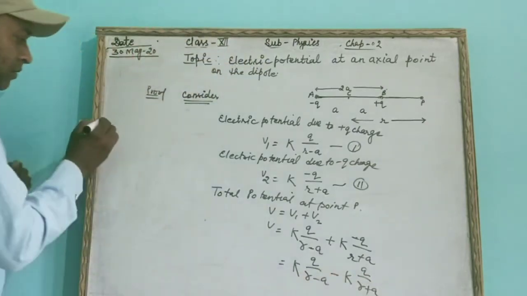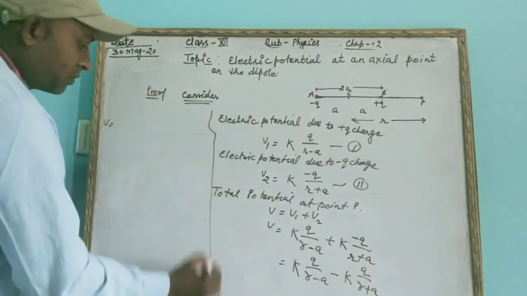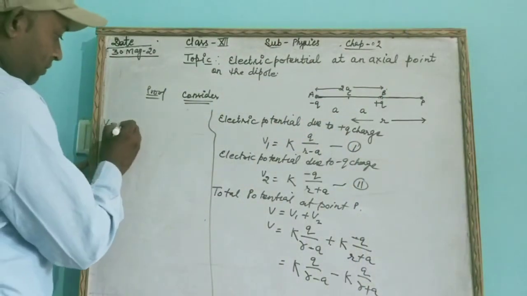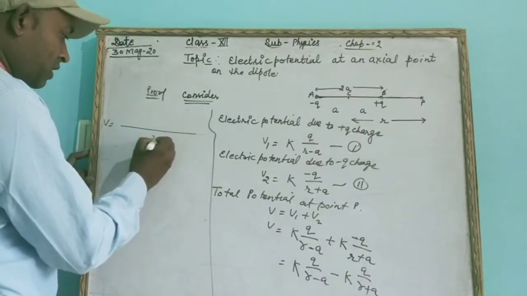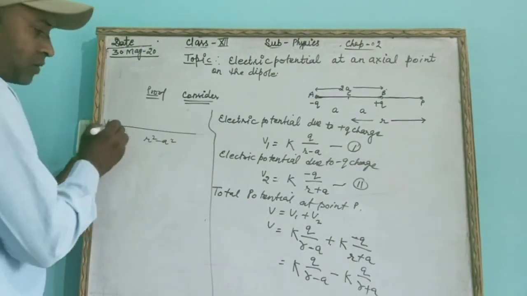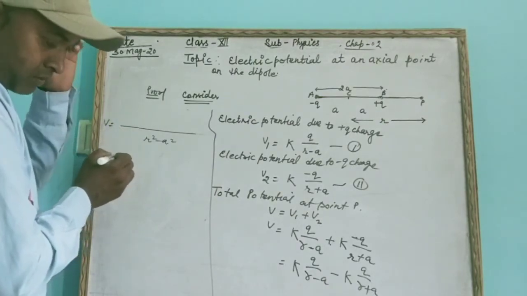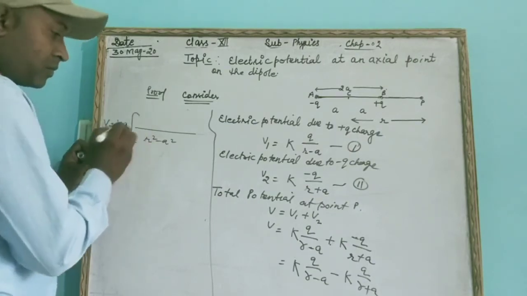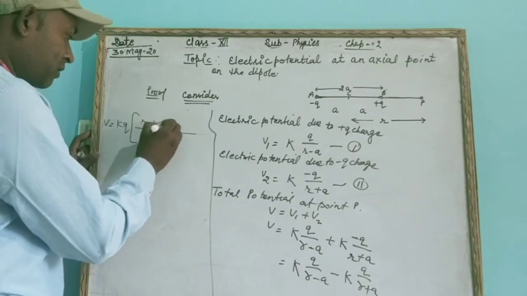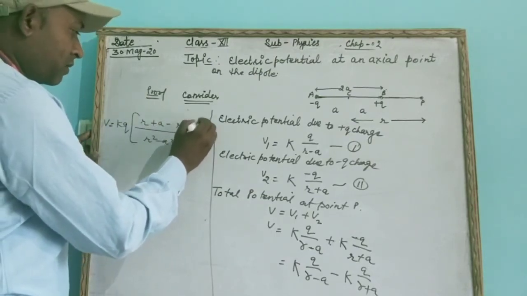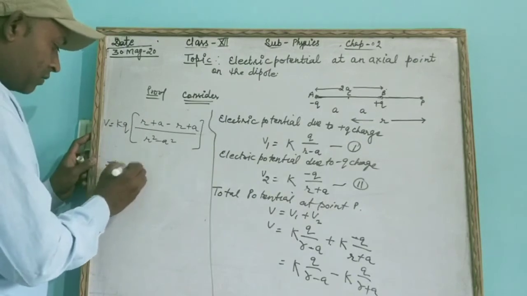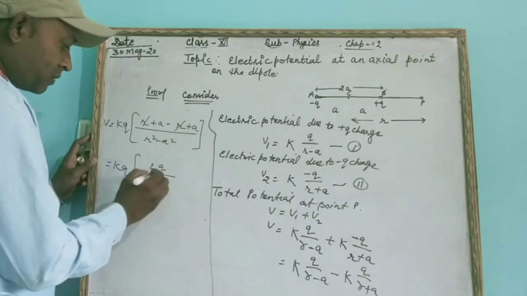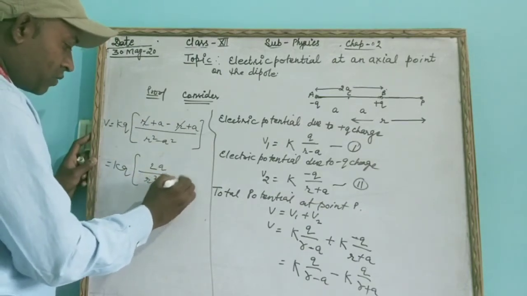Taking the LCM of these terms, we get r square minus a square. In both terms kQ is common. So r plus a minus r plus a, kQ, the r's cancel, giving 2a upon r square minus a square.